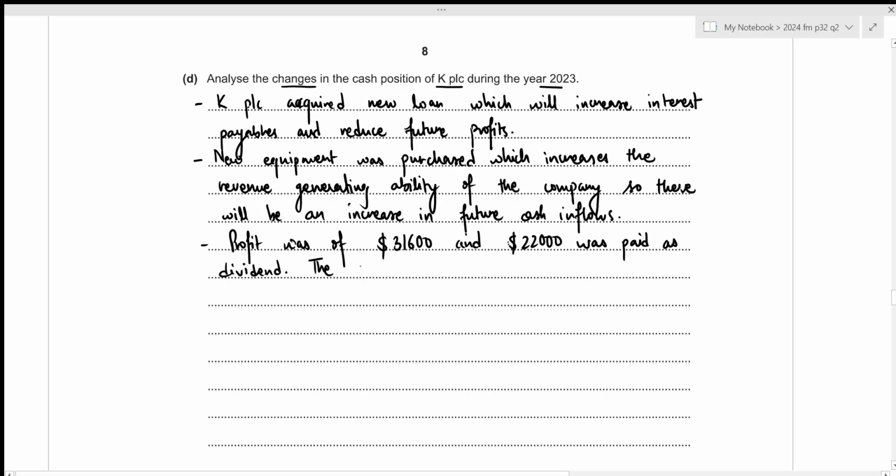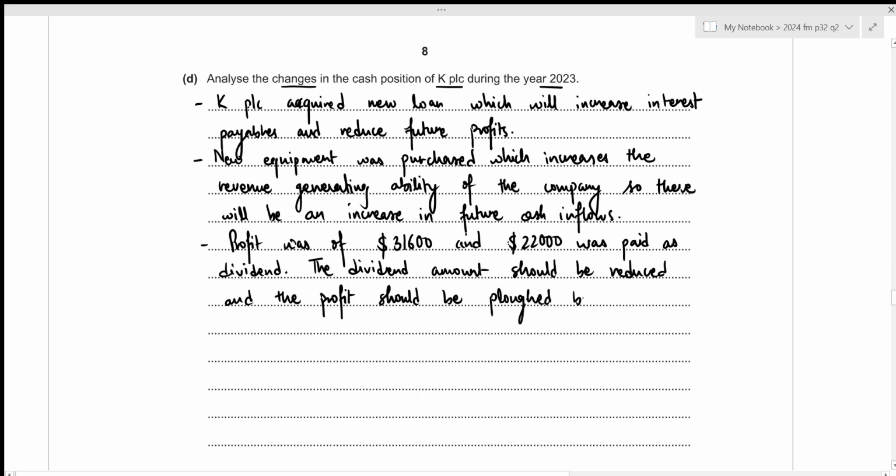The dividend amount should be reduced and the profit should be plowed back to the company for increased growth.